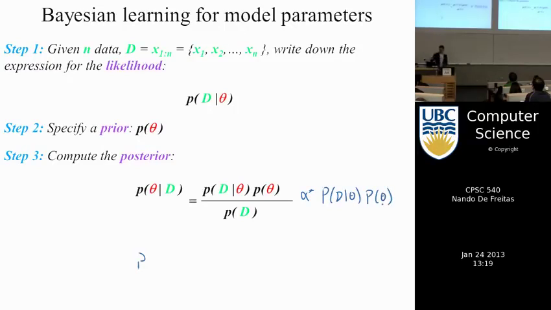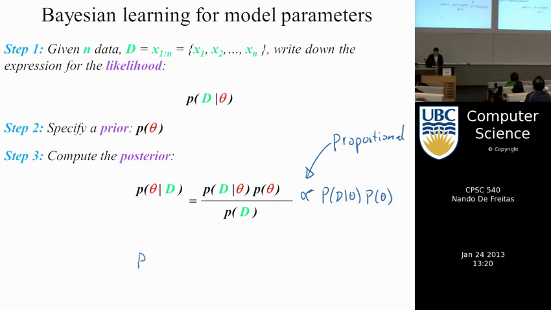And this symbol here means proportional, in other words, up to a constant. P of D is a constant in terms of theta, because it doesn't have any thetas in terms of the posterior. And in fact, P of D is just the guy that normalizes the distribution, that makes it sum to 1.